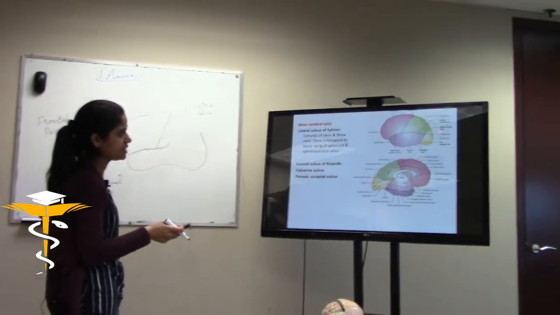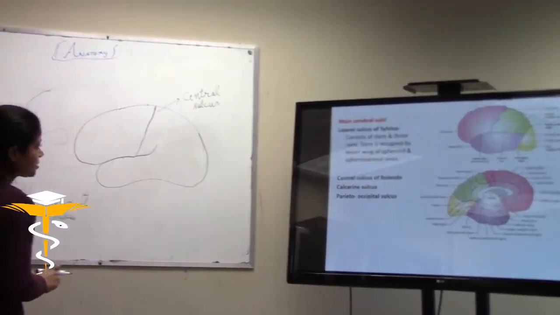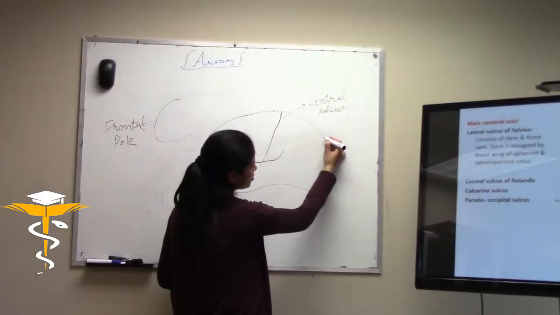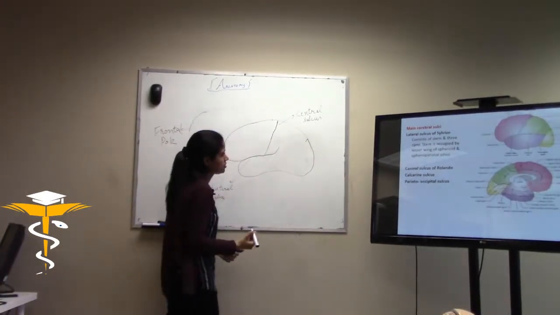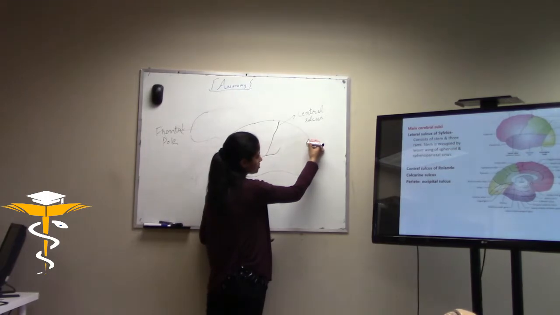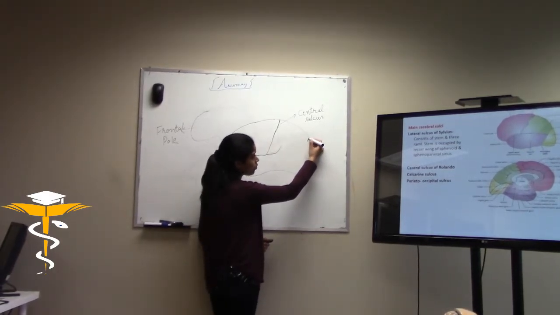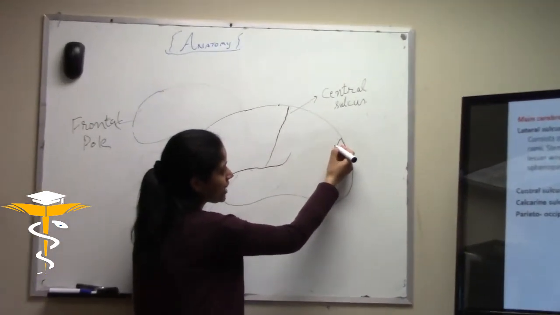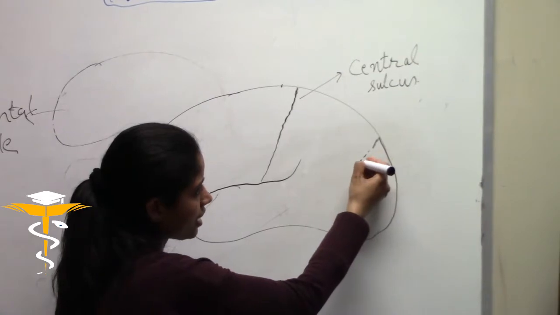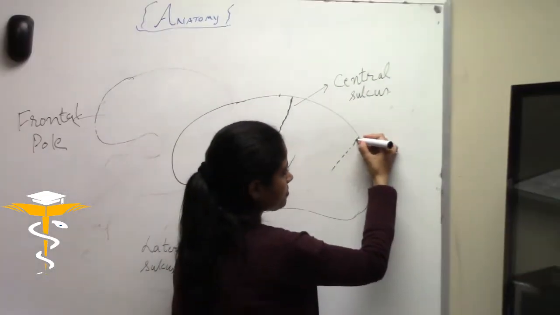The third sulcus is the parieto-occipital sulcus, which is basically present in the form of a small indentation, whose major part is present on the medial surface, but on the superolateral surface only a small part of the parieto-occipital sulcus is seen. But we draw an imaginary line running downwards and forwards from the parieto-occipital sulcus.